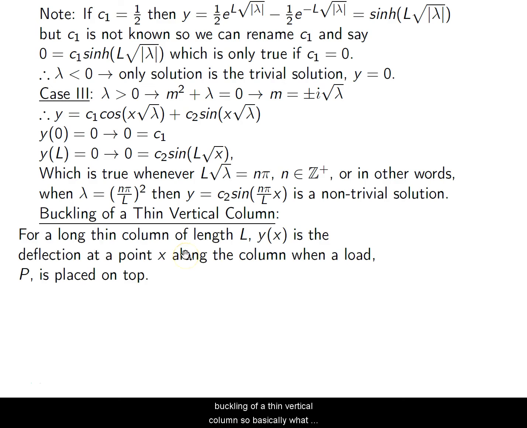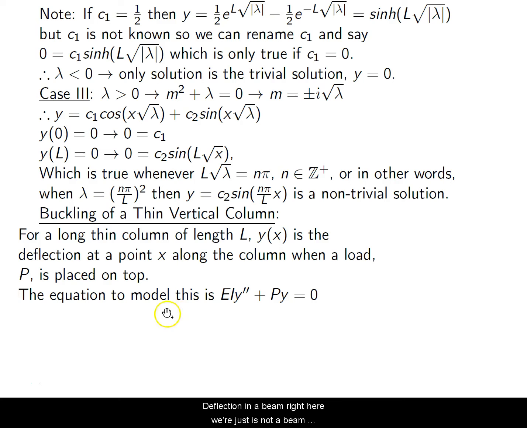We have the buckling of a thin vertical column. Basically, we have a long thin column of length L. Y of x is the deflection at a point x along the column when a load P is placed on top. Again, this is very similar to the first example that we did, which was the deflection in a beam.